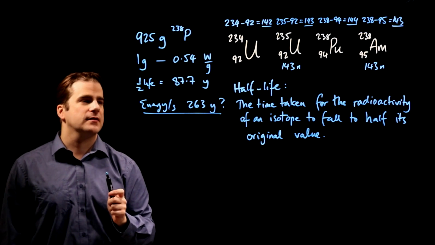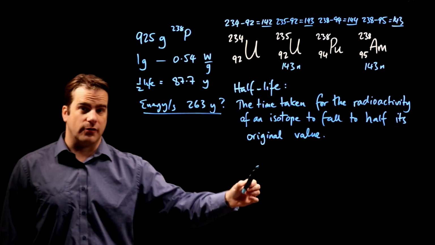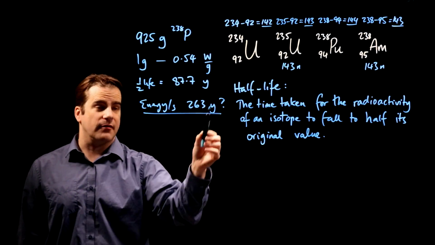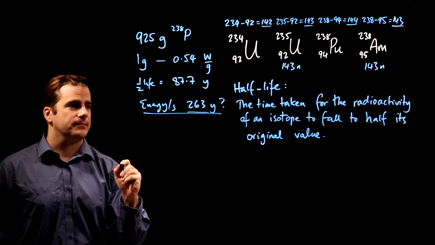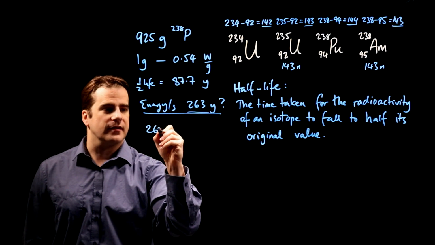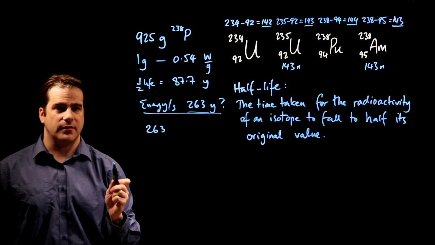First thing to look at is how many half-lives we have gone through after the time they're asking about. So we've got 263 years, and we're told that the half-life is 87.7 years.